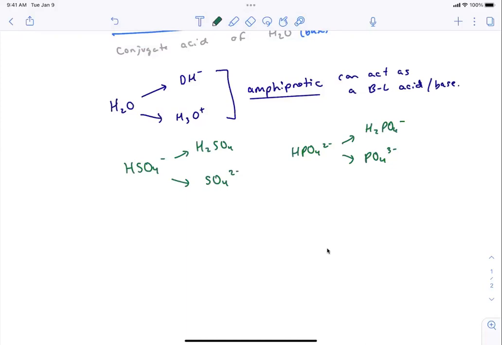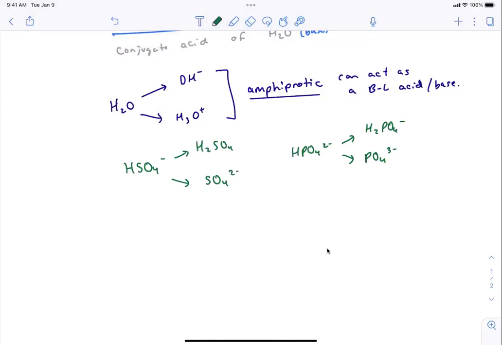I'm thinking about that because I want to see if there's a way to simplify it. But if it's an acid, it should not usually be able to go positively charged. I think that's a safe bet.